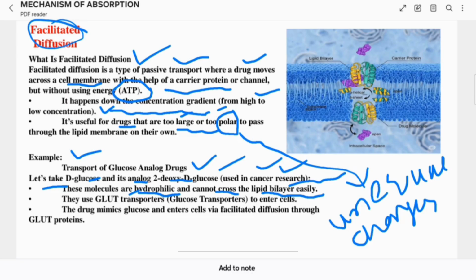But to cross that membrane or barrier, it uses transporters called GLUT transporters, that is glucose transporters, to enter the cell. These drugs are similar to glucose, that is they mimic glucose and enter the cell via facilitated diffusion through the GLUT proteins.